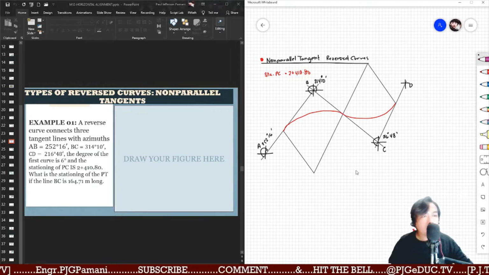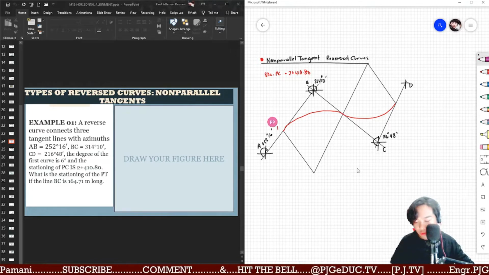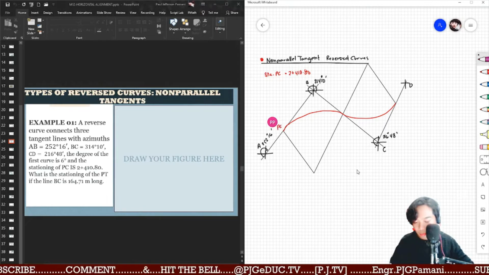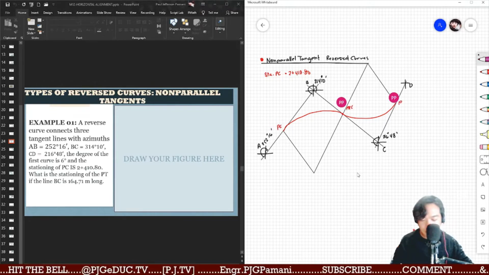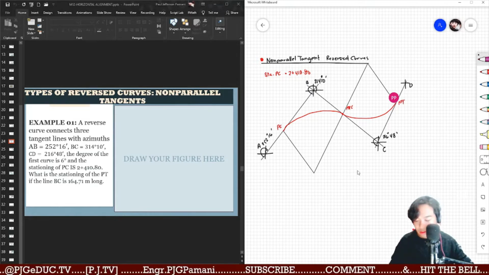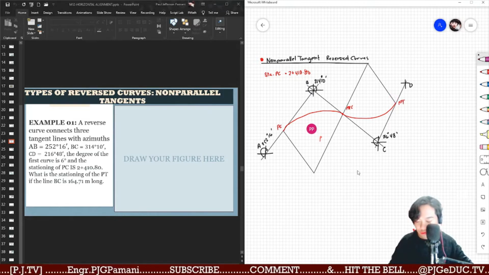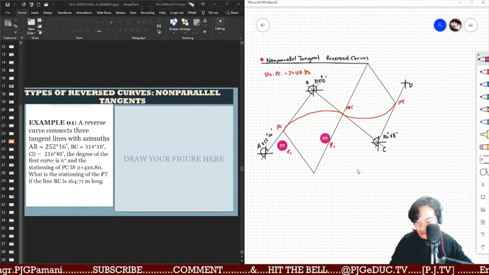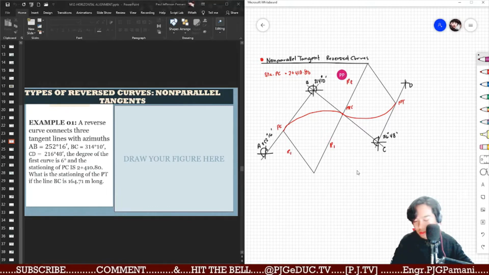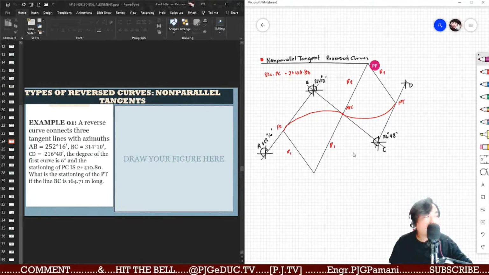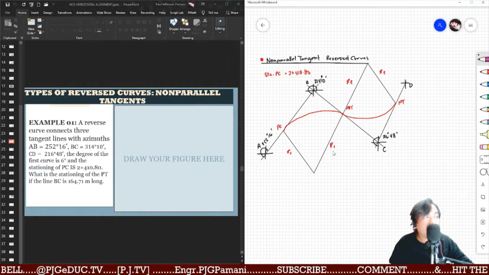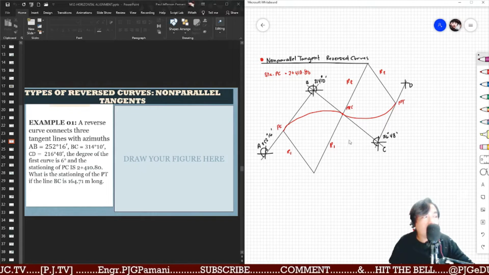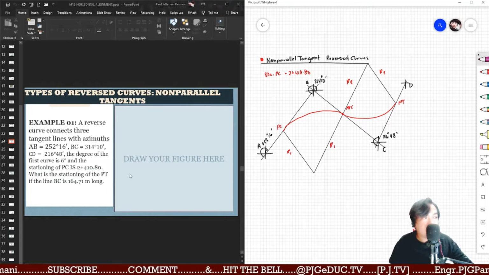So, in a reverse curve, of course, we have our point of curvature, our point of reverse curve, PRC, and our point of tangency. Then, the radius of the first curve and the radius of the second curve. Given in the problem that this reverse curve does not have an equal radius. So magkaiba yung ating simple curve connected by a point of a reverse curve.